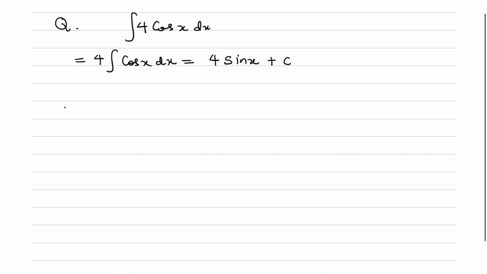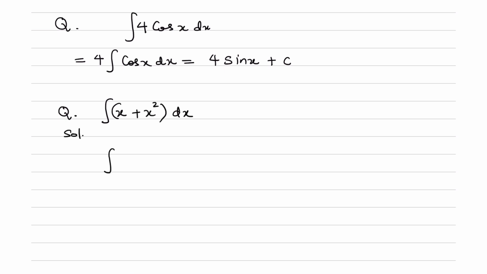Let's find the integration of another expression, which is x plus x square dx. We can separately write this expression with the plus sign: integral of x dx plus integral of x square dx.